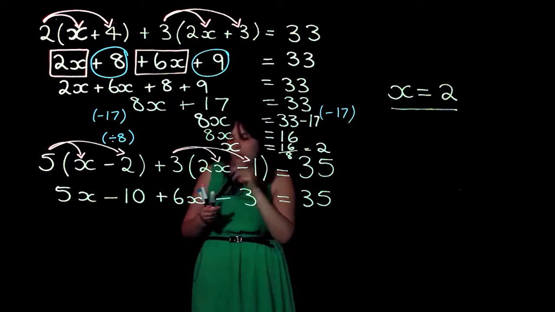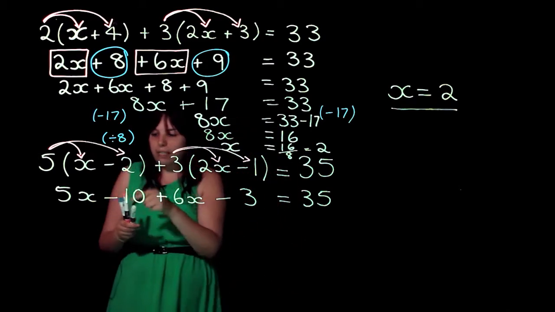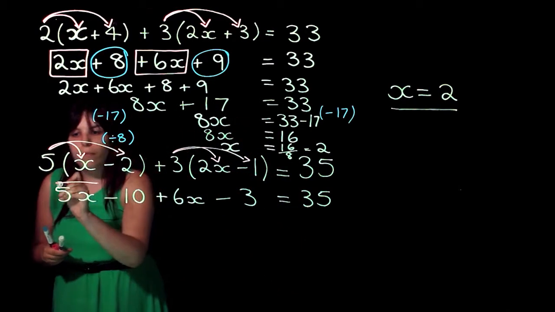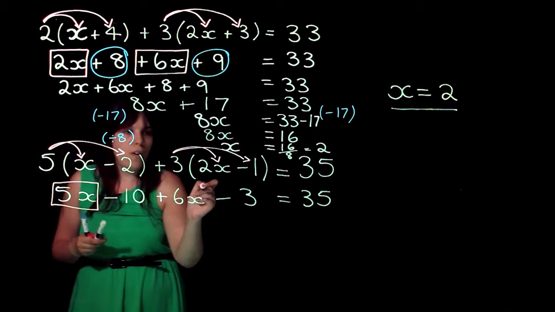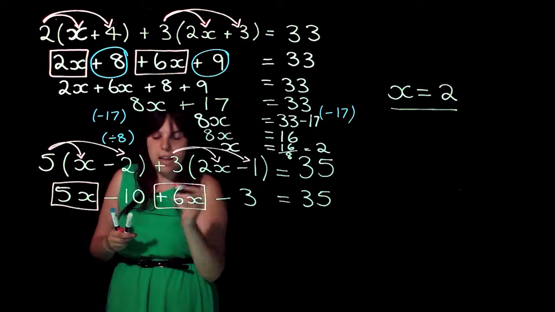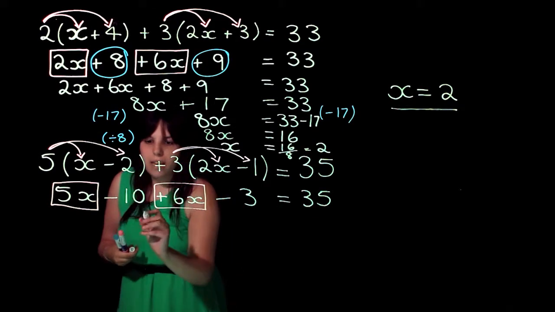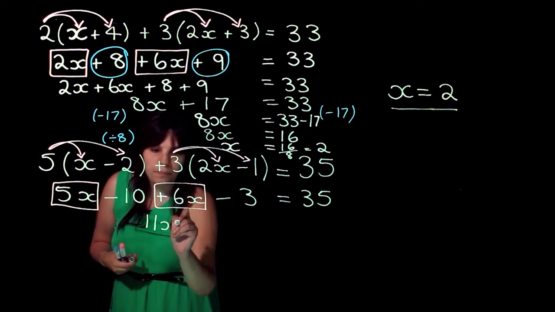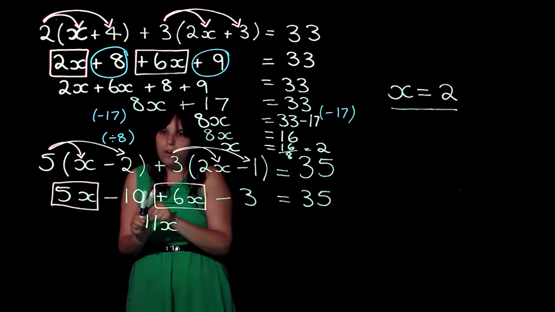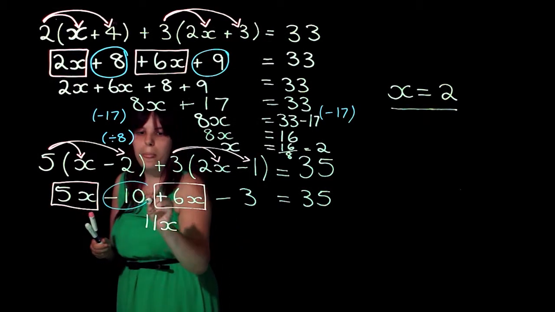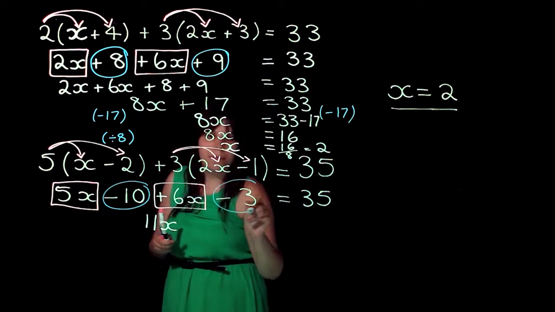So as I did before, I'm going to put all my x's together and all my constants together. So I've got a 5x and a plus 6x. And I'm just going to write that 5x plus 6x gives me 11x. And then I've got minus 10 and minus 3.